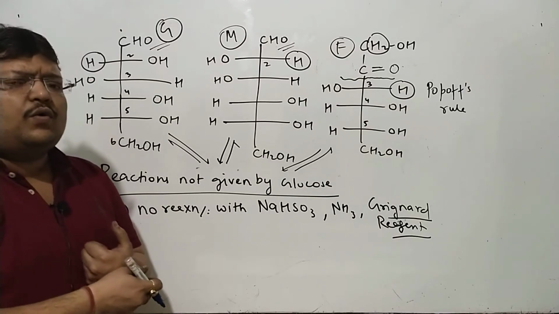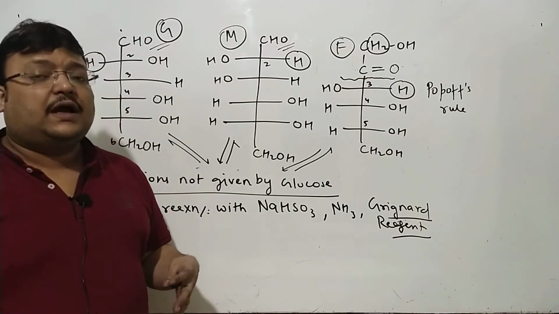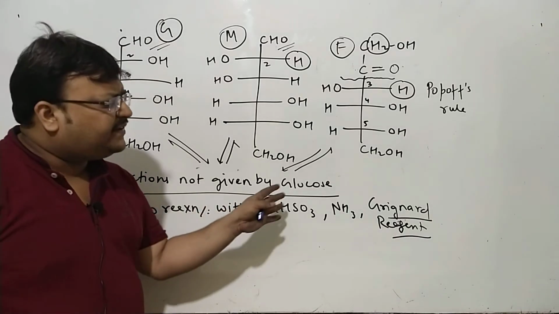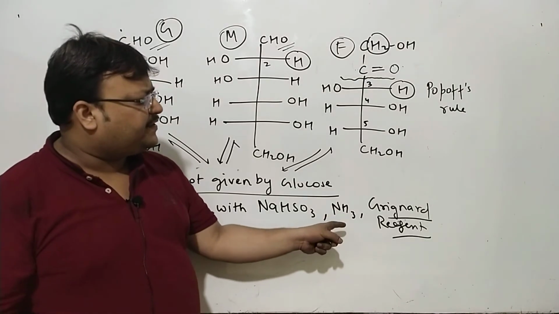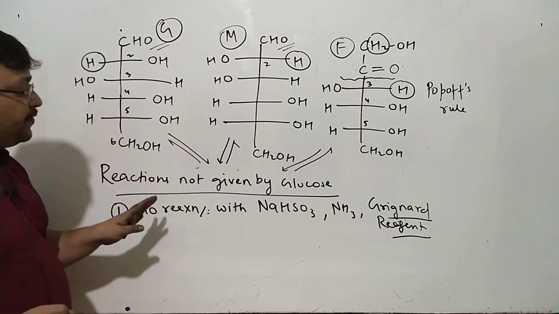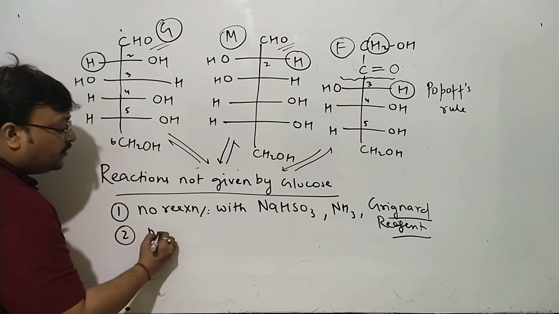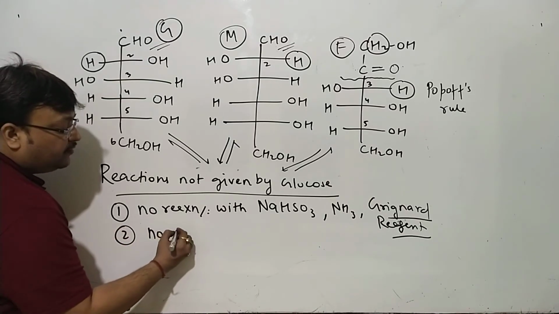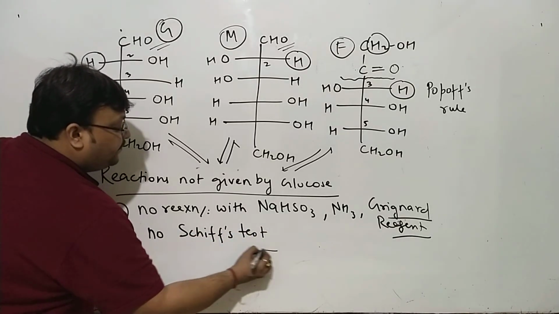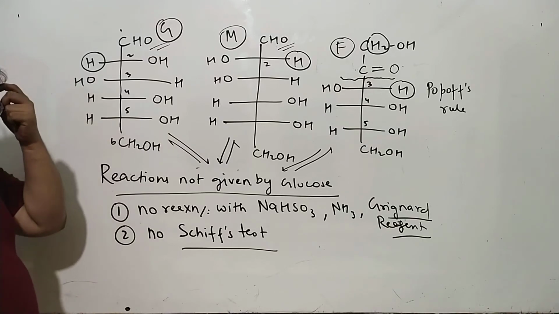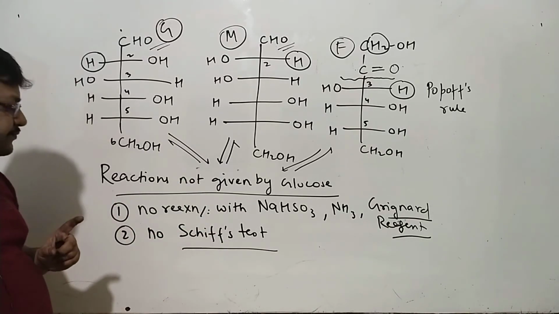We speak about how aldehydes with Grignard reagent, ketones with Grignard reagent can give you a variety of alcohols used for synthetic reasons. Sodium bisulfite addition, condensation with ammonia, Grignard reagent, glucose doesn't do any of these reactions. There is no reaction with Schiff's reagent. There is no Schiff's test. This is a basic test for an aldehyde. It doesn't give the popular Schiff test for an aldehyde.